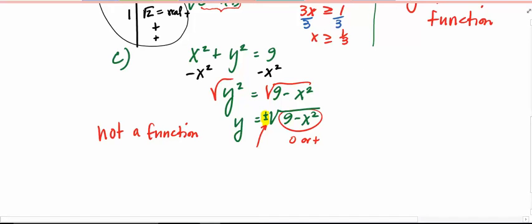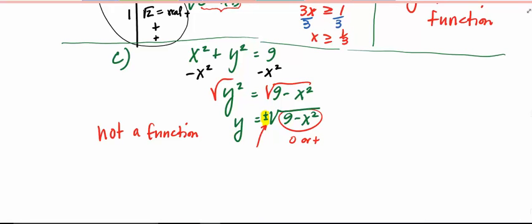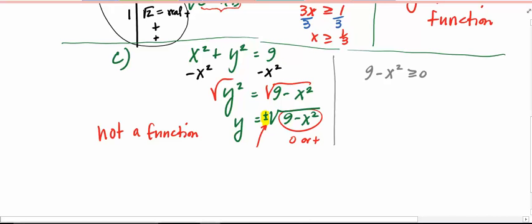All right, so let's take a look. I'm going to separate this from the previous one there. For my domain and range, I'm looking for what x values would be okay, so I'm going to force this thing to be greater than or equal to 0. Now, a quadratic inequality is solved very differently than a linear one.